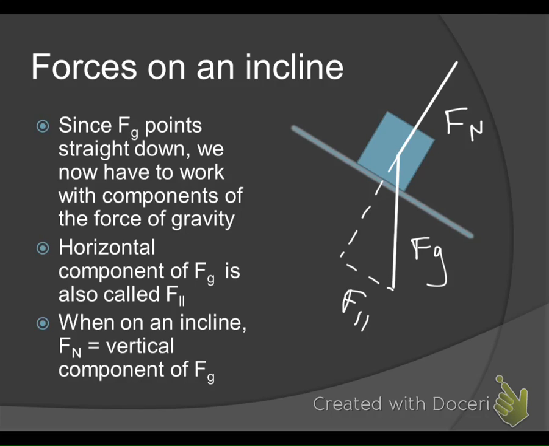And then this y component of the gravitational force, we also call the normal force. Why would we call it that? Any idea? Why would we call these two forces the same thing? Yeah, because they're equal.